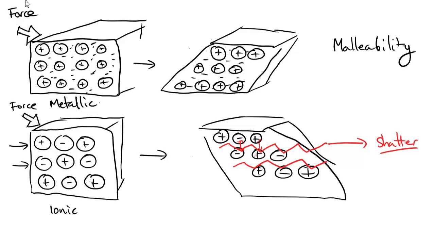So you find materials such as salt crumbling, and the reason why it crumbles is because of these positive and positive charges repelling. There are no delocalized electrons in an ionic bonding model.